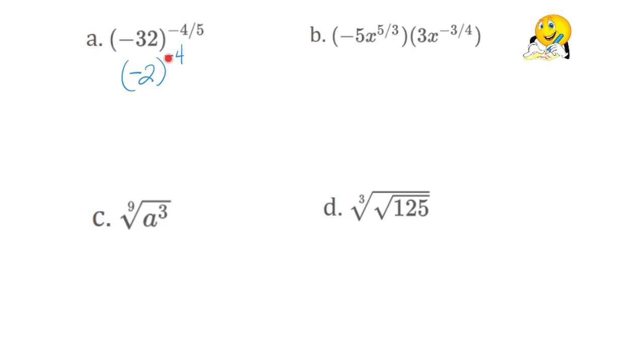A negative on your exponent means you have to shift this to the denominator. Not only is it going to go to the denominator, it's also going to have to be taken to the fourth power. And if I have a -2 to the fourth power, so -2 times -2 times -2 times -2, I'm going to get a 16. But that 16 has to go to the denominator.